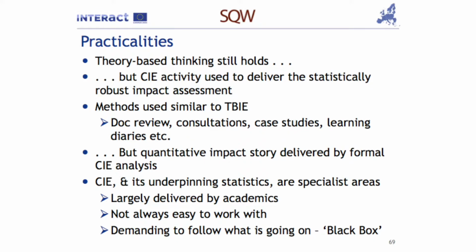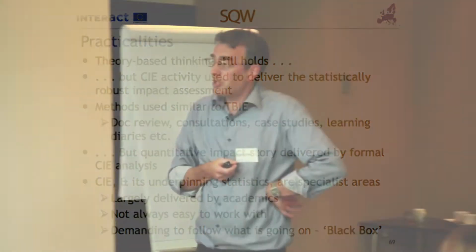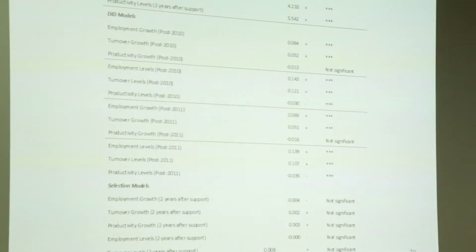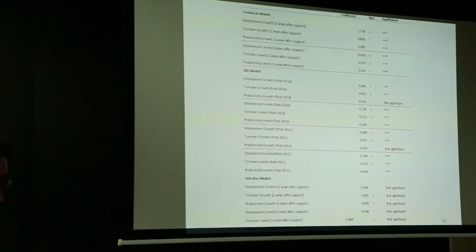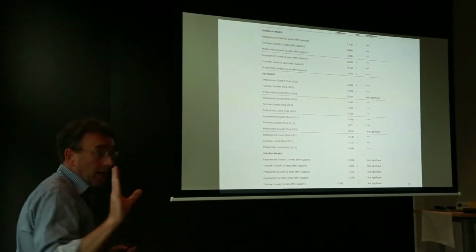As I say, I've done 3 of these in about 20 years, one of which was okay, one of which was just about okay, and one of which was an absolute disaster, which was very difficult to write up. This is the stuff that typically I'm getting back from academics. You won't be able to see this, all of you, but essentially, this is the counterfactual impact assessment survey analysis for something I did in Wales for the ERDF support for business in Southwest Wales, essentially done by Aston University.